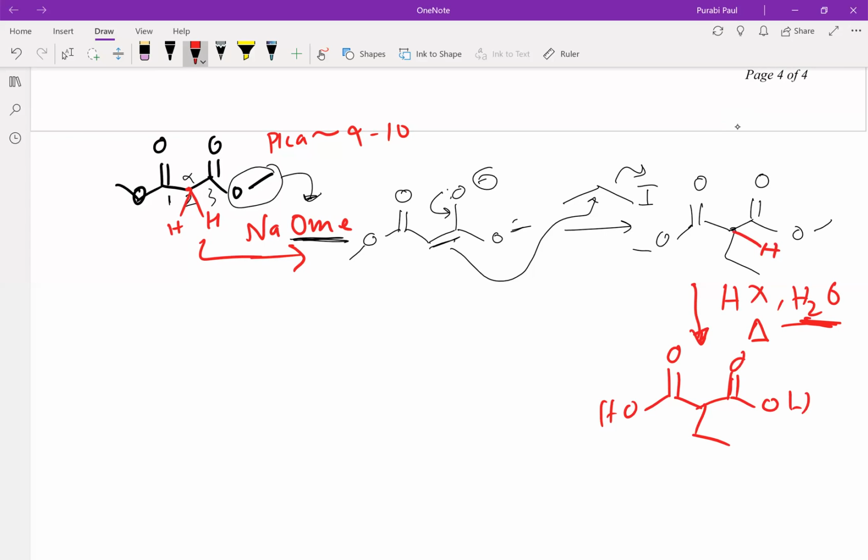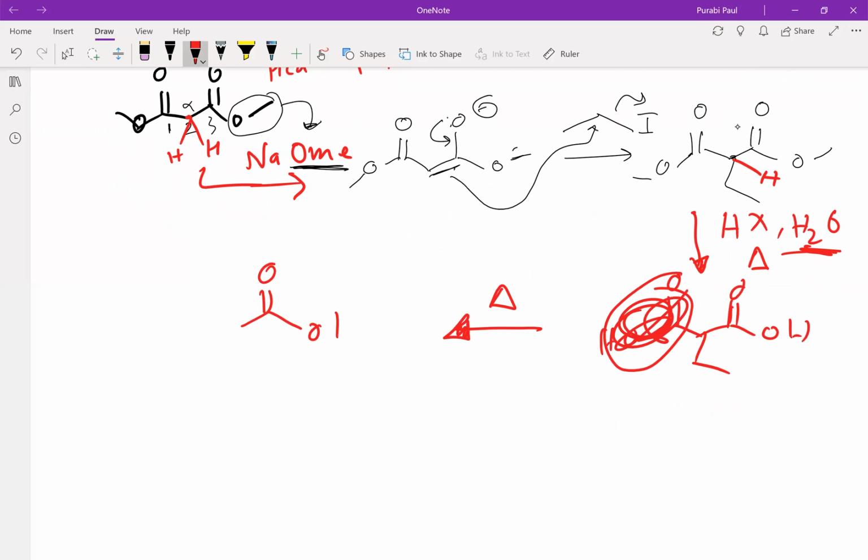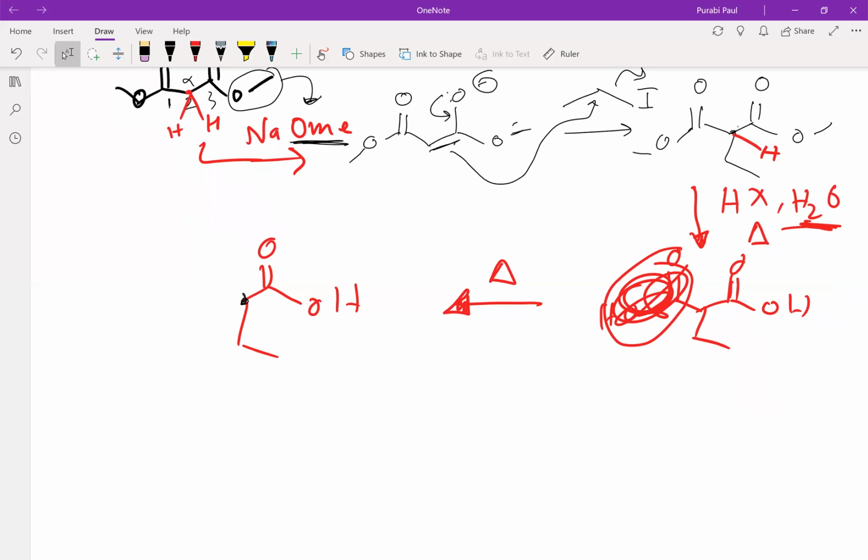But what the heat does, as I showed in the previous video, is decarboxylate, right? So it takes off the carboxyl group from the carboxylic acid, so just erase it, okay? So your product will look like this, right? What you've just done is essentially a net alpha alkylation, but you did it through a different mechanism, involving decarboxylation.